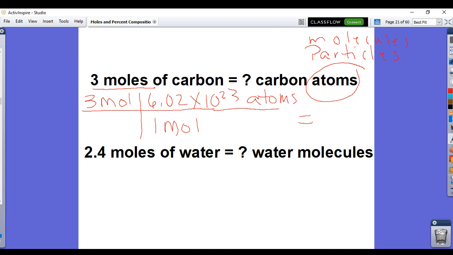All right, so get your calculator. Now these two numbers are side by side, so that means we're multiplying. So 3 times 6.02, hit your EE button, and then the 23, and that gives us, and notice we have only one sig fig here and 3 here, so we're going to round it to just one sig fig. So it's 1.8, so that is rounded to 2.